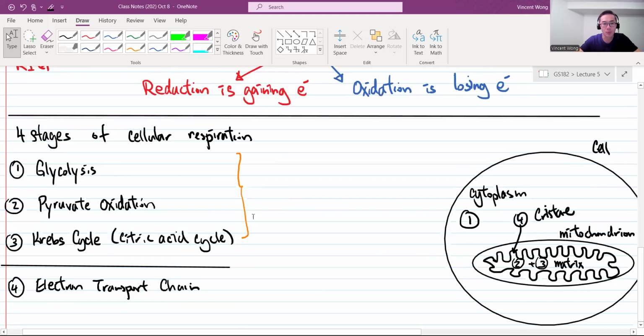Okay. So in the first 3 stages, glycolysis, pyruvate oxidation, and Krebs cycle, high energy electrons are removed from glucose.